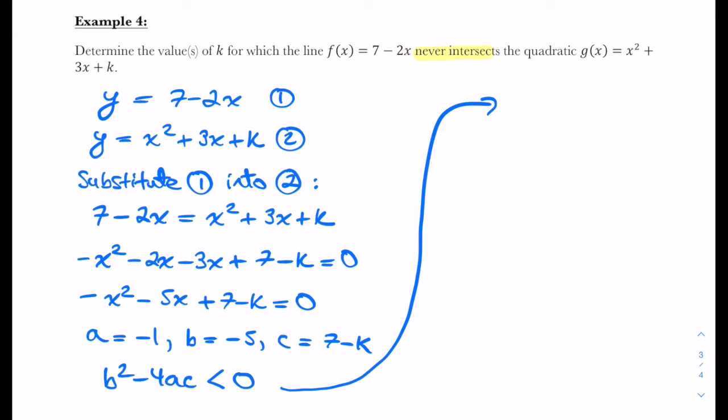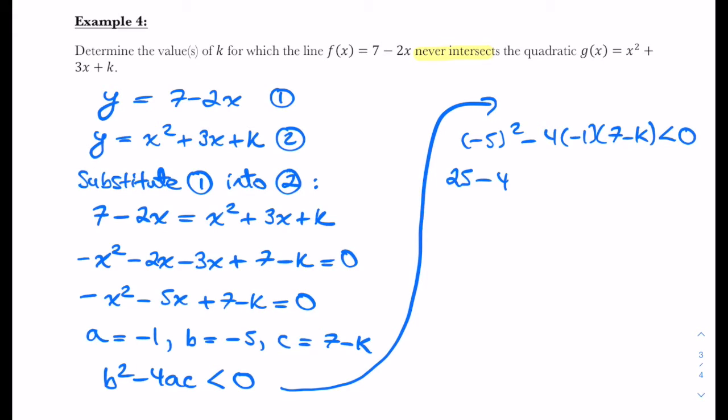Let's substitute a, b, and c. Okay, and all of this has to be less than 0. I'll begin by simplifying. So negative 5 squared is positive 25.